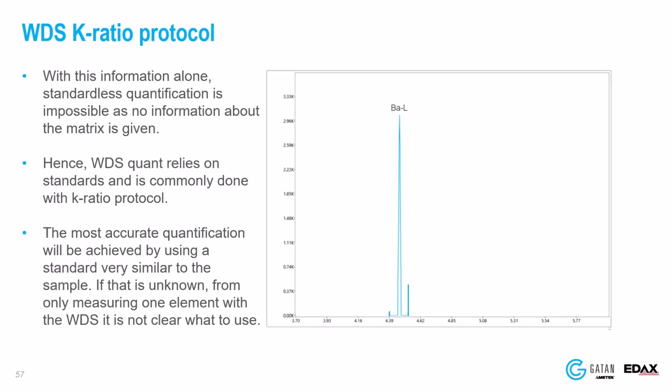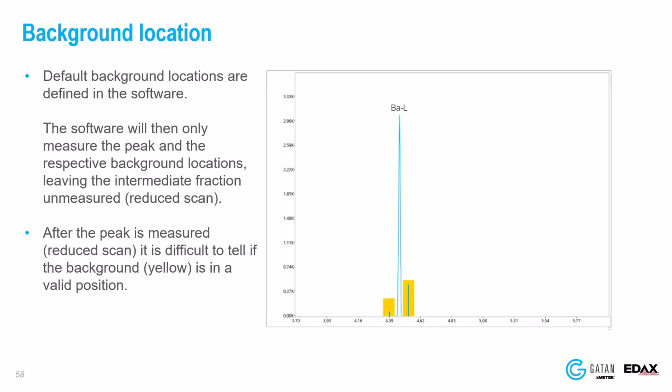What I want to focus on now is that for quantitative work, it is extremely important to calculate the net intensity correctly. Apex has a default background position for all elements, which are at certain distances from the peak. It is impossible for us to find a default background location that fits all elements and all element combinations used.